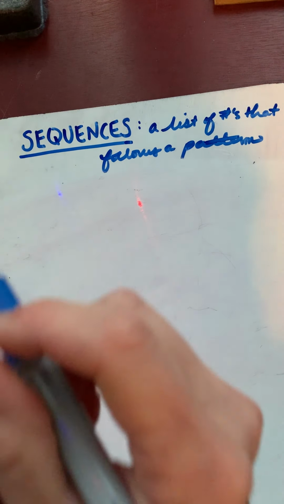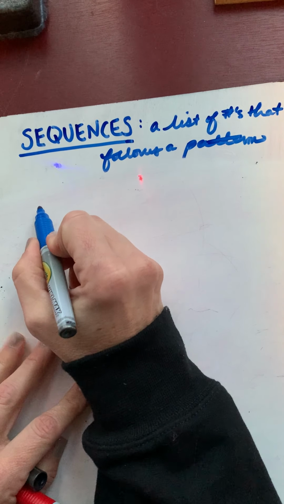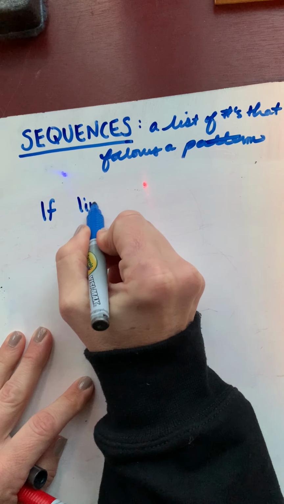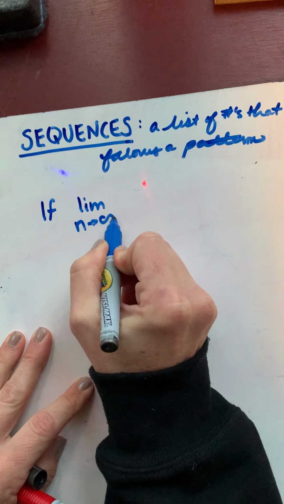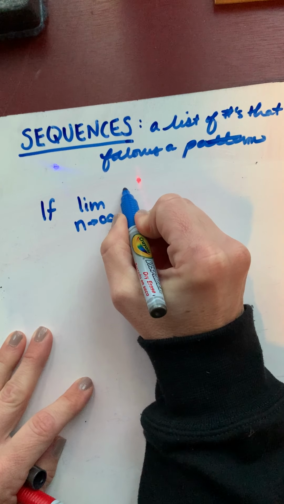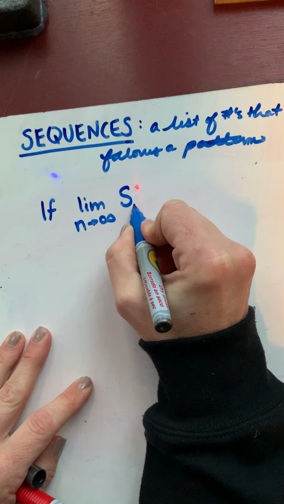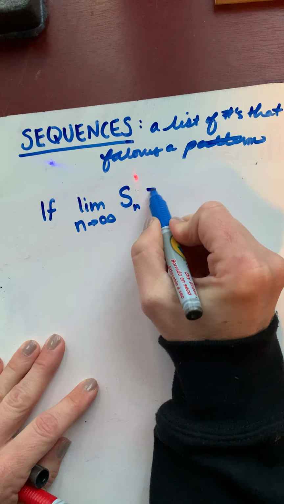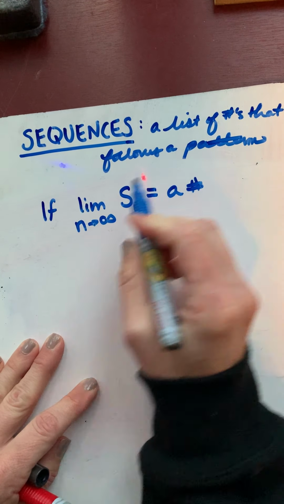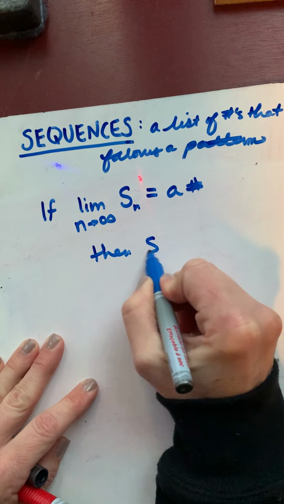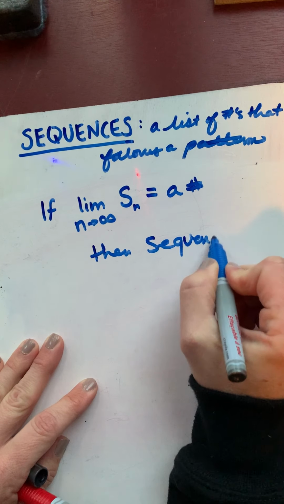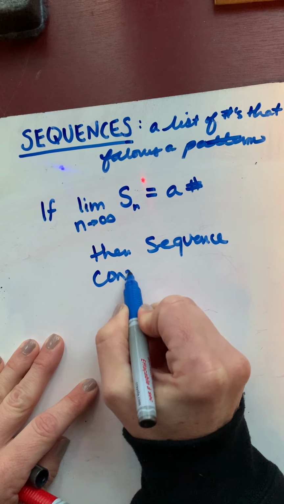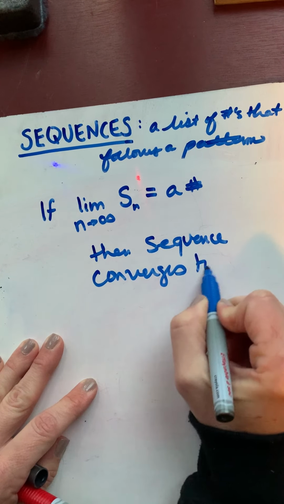Now, one other thing. So let's write this down formally. If the limit as n approaches infinity of our sequence, let's call it S sub n, equals a number, then the sequence converges to that number.